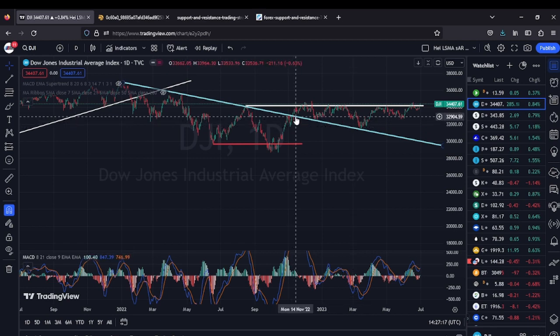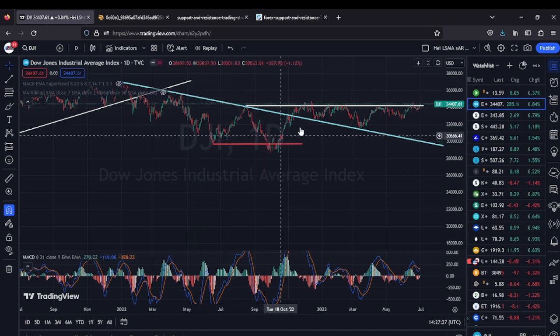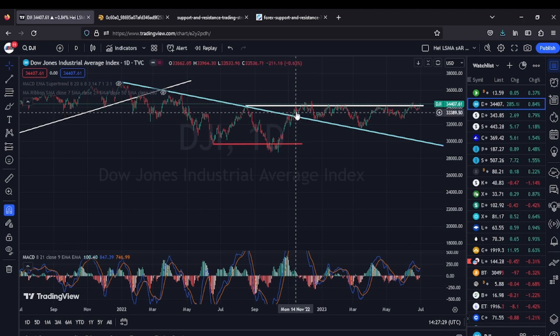Now this is a tricky one in actuality, because I have a down slope overall, a down slope on the resistance line. I actually want to go short, I don't want to go long. But for the talking point, if you happen to go long, then you would take profit when it broke through the last peak on the price section.